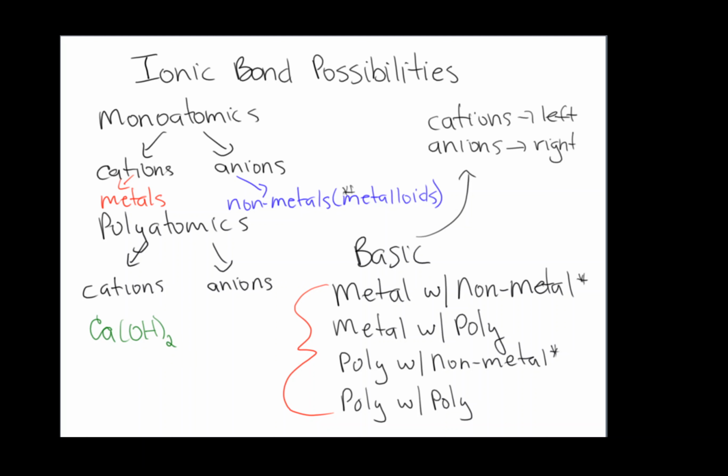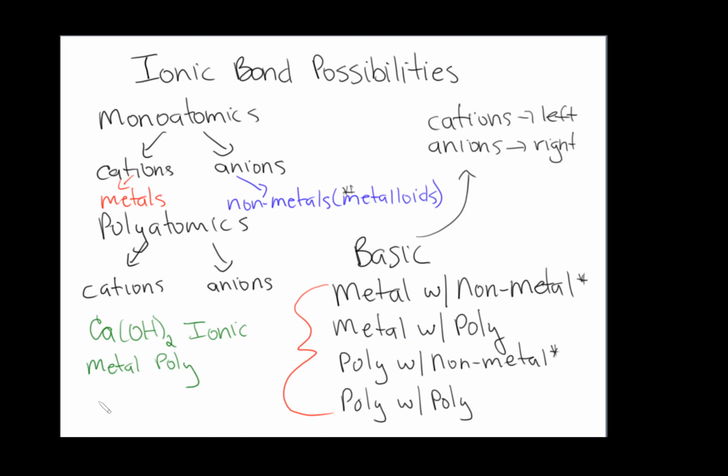Is it ionic or is it molecular? Well, we haven't even talked about molecular yet, so it's probably ionic. How do you know that? Because it's the combination of a cation and an anion. Yes, this is ionic. But what is my combination? Calcium is a metal, and hydroxide is a poly.